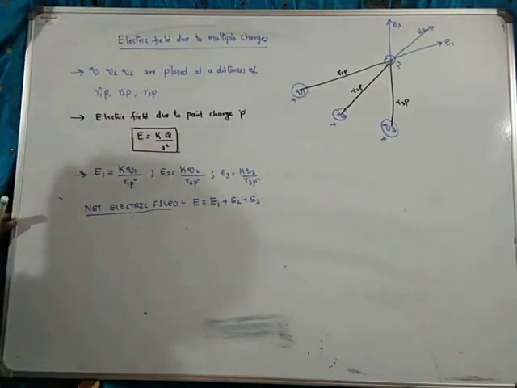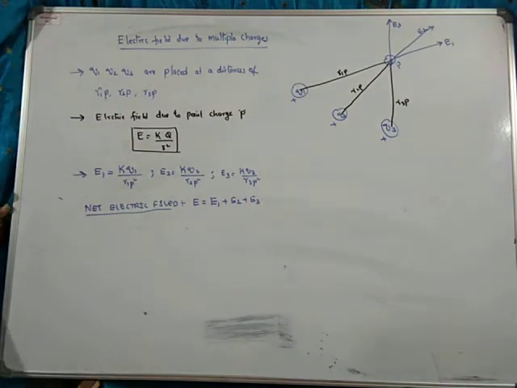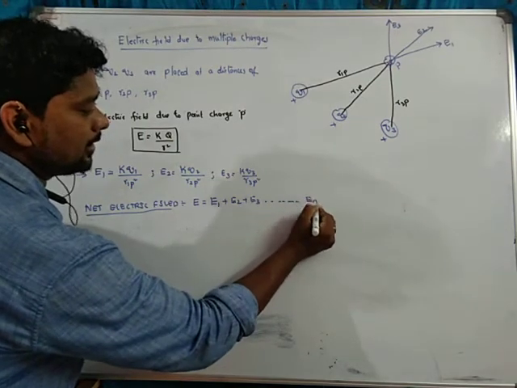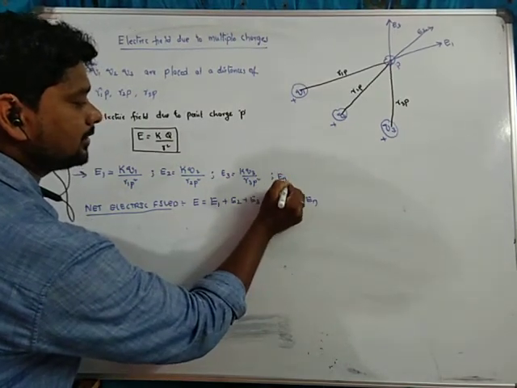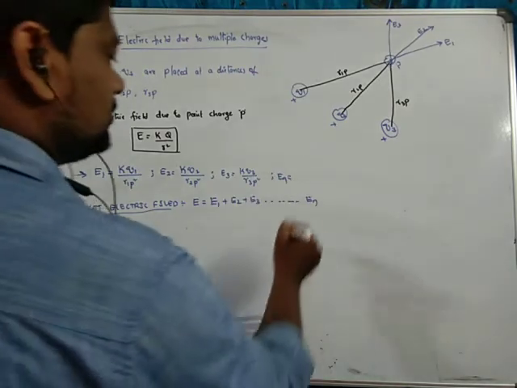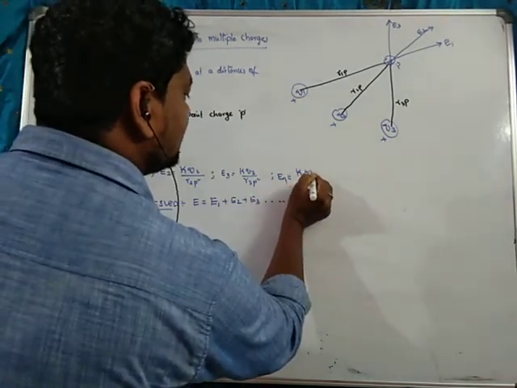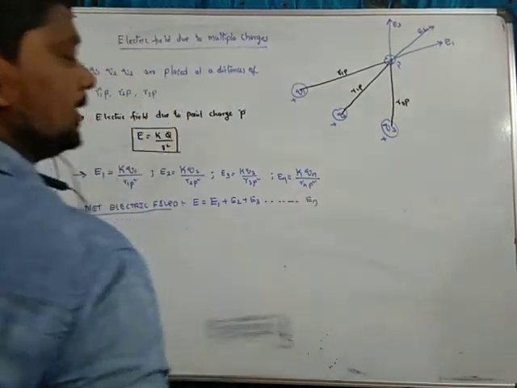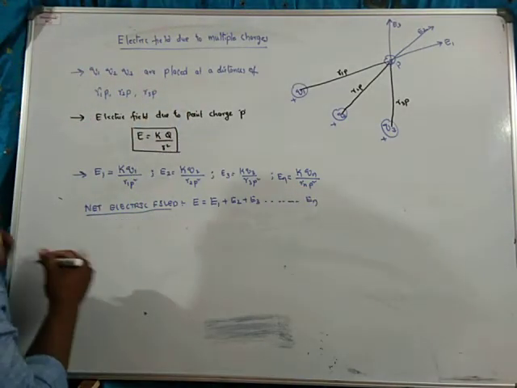If you consider n number of charges, we will take up to n. So what will be the field due to the nth charge? En is equal to KQn divided by RnP square.